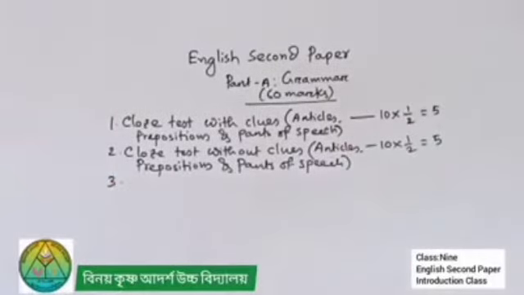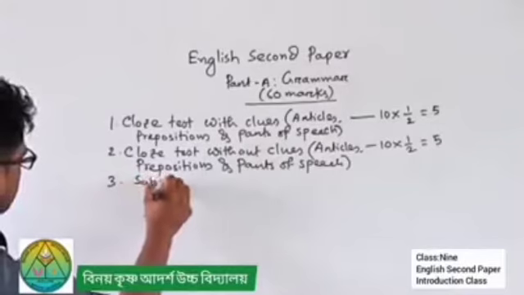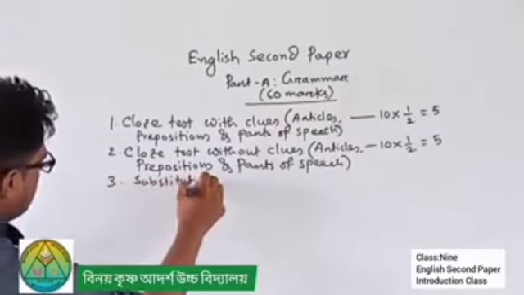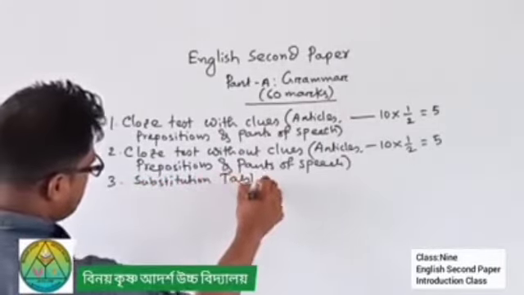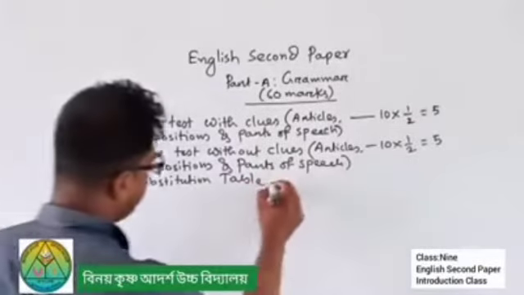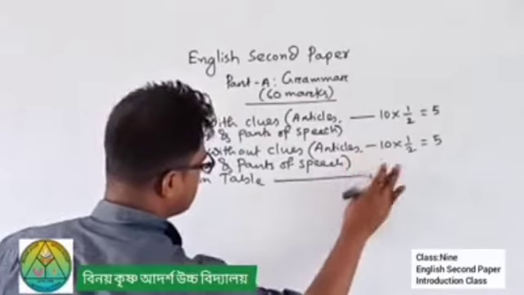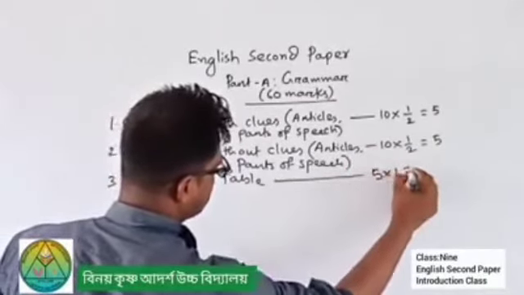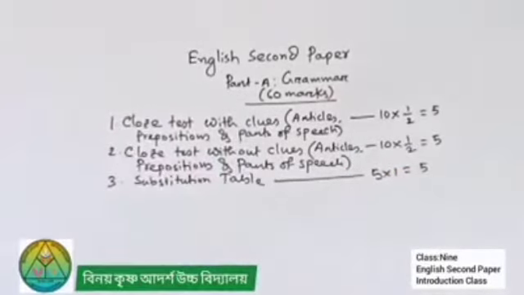In question 3, you will find a substitution table of 3 columns, A column, B column, C column. You will have to make 5 sentences from the table, and this item will prize you 5 marks if you are correct in all the items.